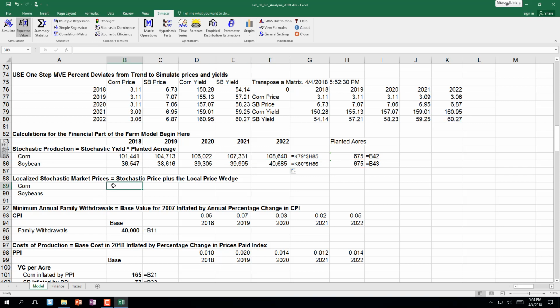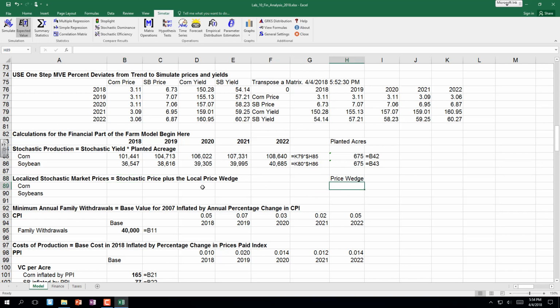Okay? I need a localized price. So I need a price wedge. And I'm going to use a formula that says equal a stochastic price. Well, it's right there. It's stochastic price plus the local price wedge.